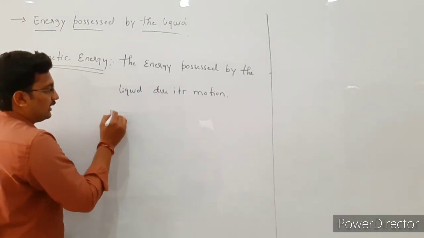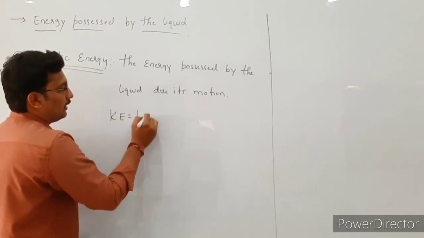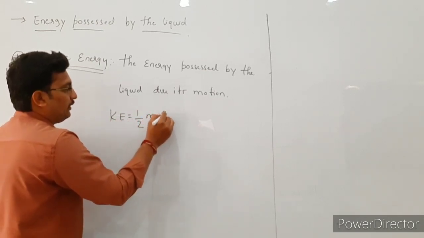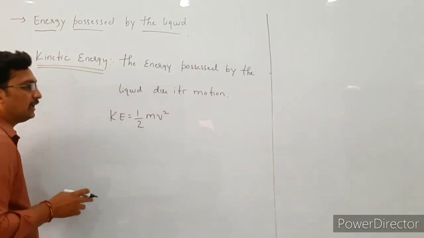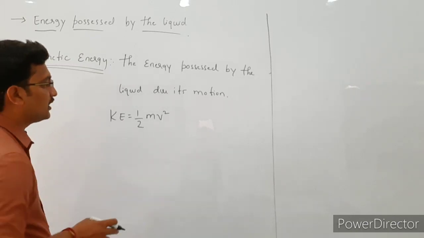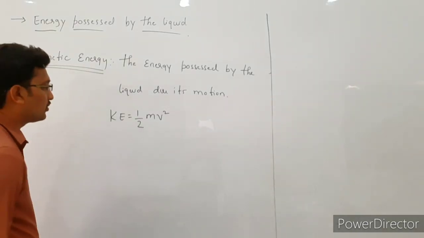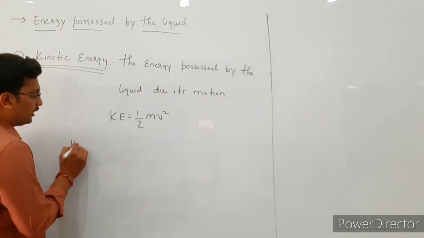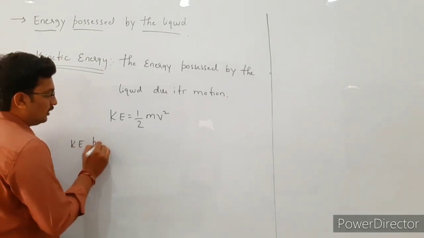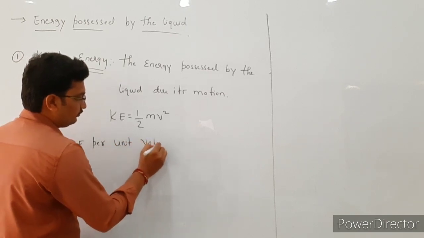Already we know the expression to calculate the kinetic energy: kinetic energy equals 1 by 2 m v square. Here K indicates kinetic energy, m indicates the mass of the liquid, and v indicates the speed of that liquid. This is the kinetic energy formula. Next, kinetic energy per unit volume.